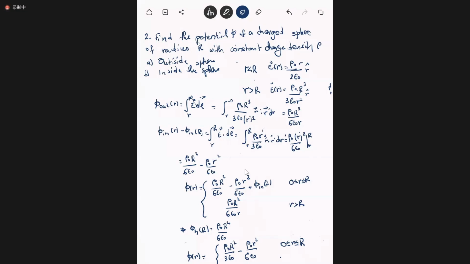Now, the first thing we need to do is figure out how to find the intensity of the electric field, both inside and outside.